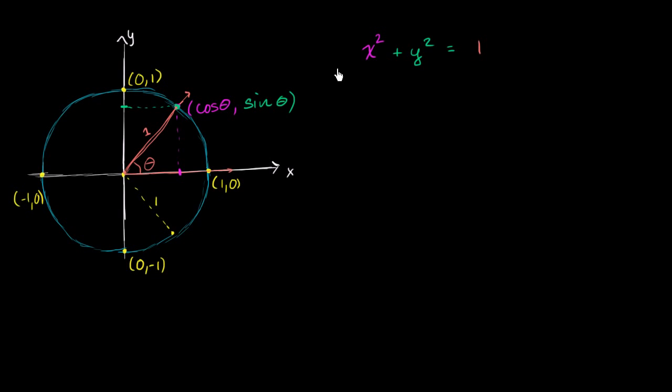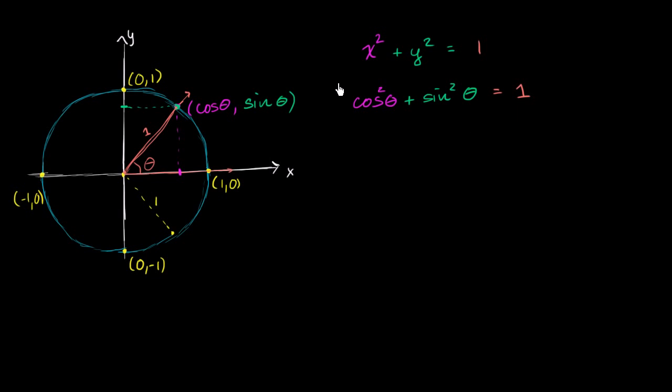So that means cosine squared of theta plus sine squared of theta needs to be equal to 1. And that's just from the point. Cosine theta is the x-coordinate, sine theta is the y-coordinate. They have to satisfy this relationship which defines a circle. So cosine squared theta plus sine squared theta is 1.